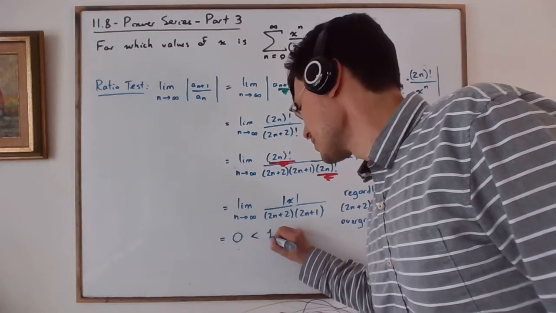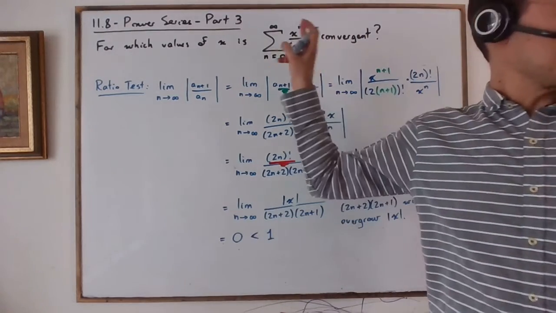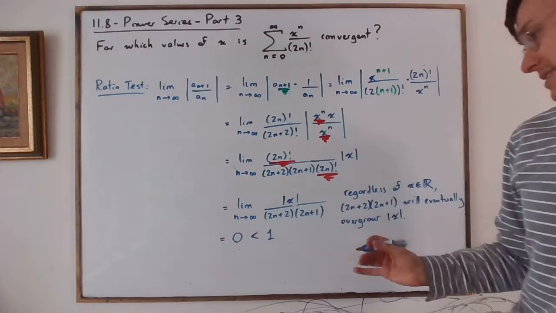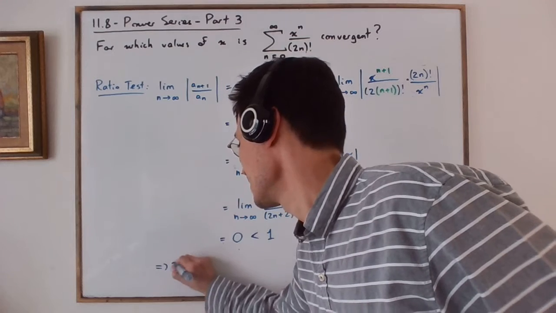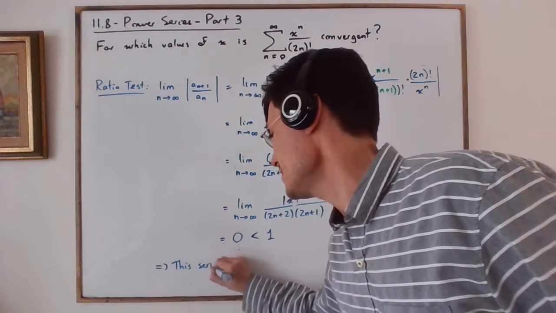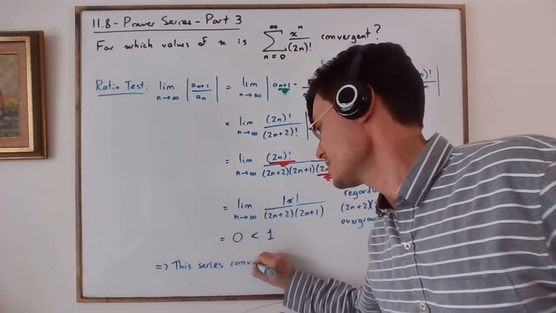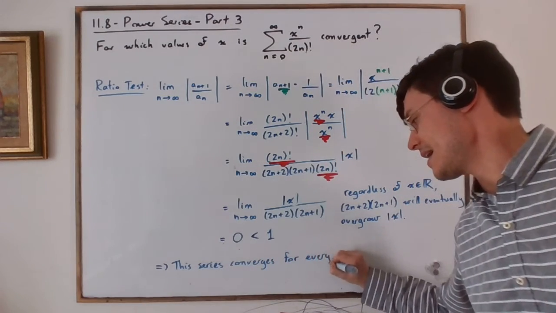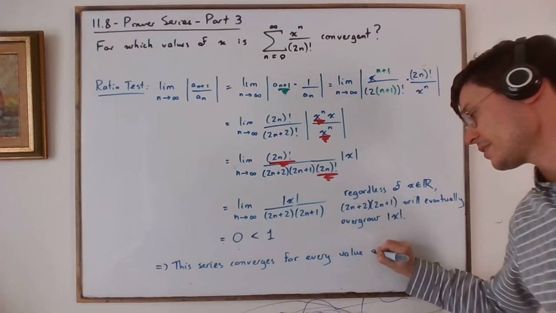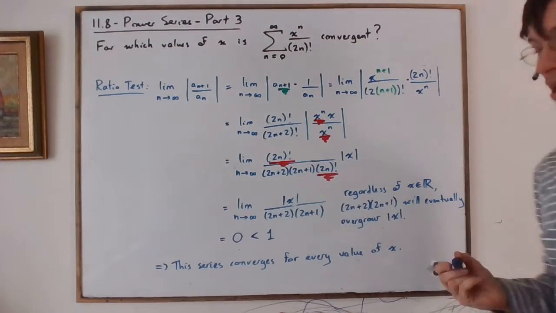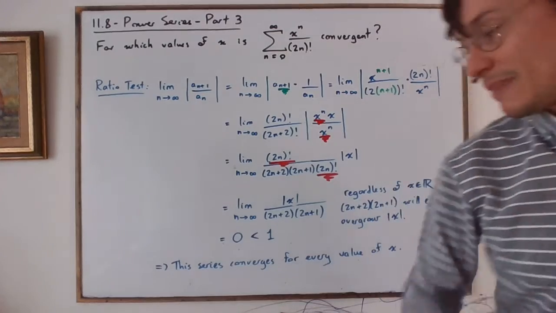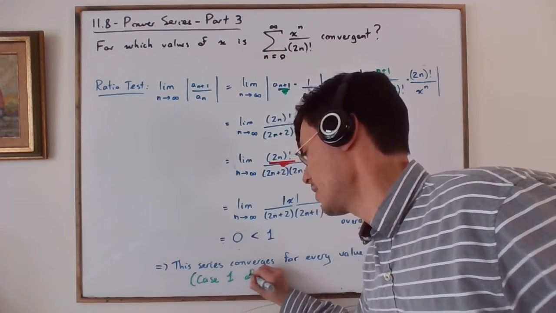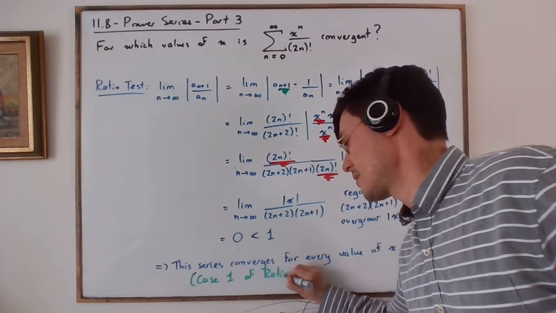This is smaller than 1, and therefore this series converges for any single value of x. So this series converges for every value of x. And you might want to add here that this is by case 1 of the ratio test.